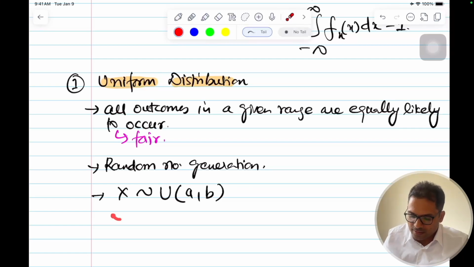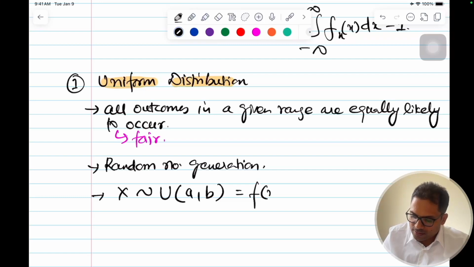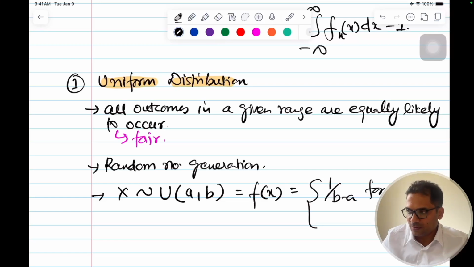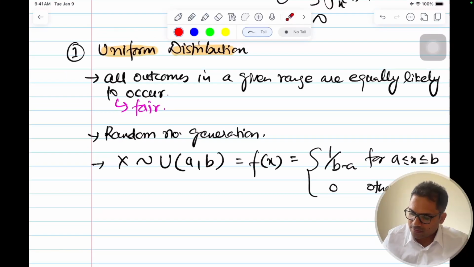So this means that this random variable x belongs to a uniform distribution in the range a to b, and this is given by f of x equals 1 by b minus a for a less than or equal to x less than or equal to b, and 0 otherwise. Within this range, this is 1 by b minus a, constant for all.